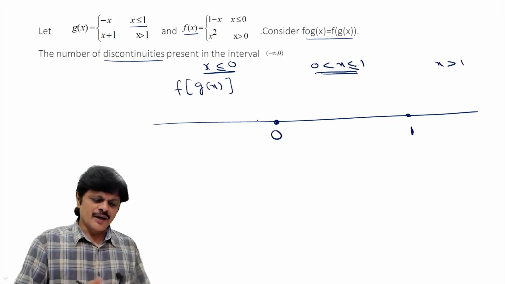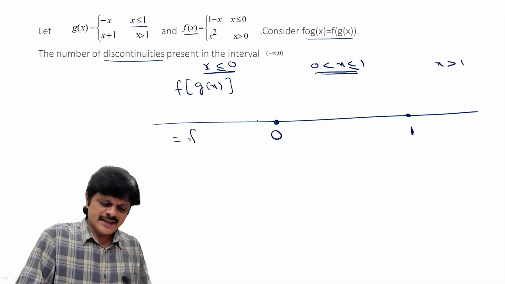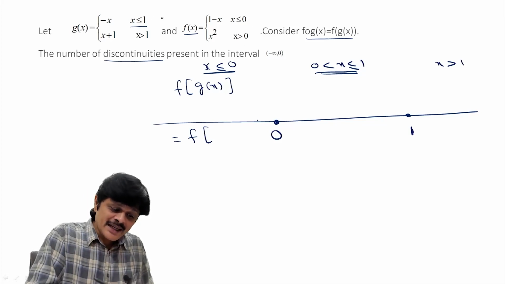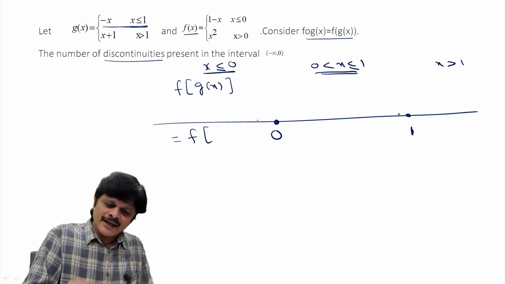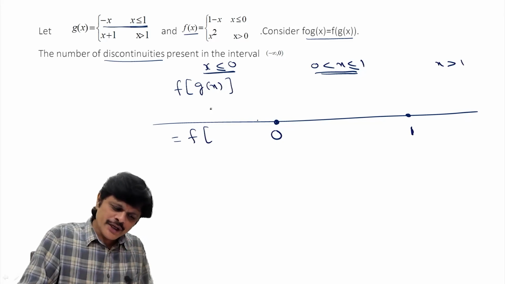Now f of g of x. What is the definition of f of g of x? What is g of x for x less than 0? x less than 0 means it is less than 1 only. For less than 1, its definition is minus x. So less than 0 means still it is less than 1 only, so it is minus x. This definition will come. So f of minus x.